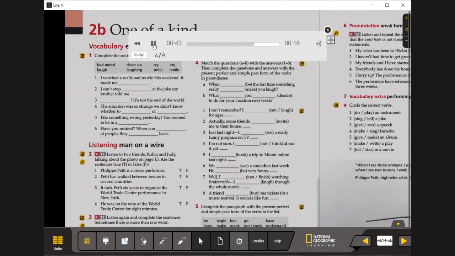The performance has already started. 6. 6, The performers have rehearsed the show for 3 weeks.